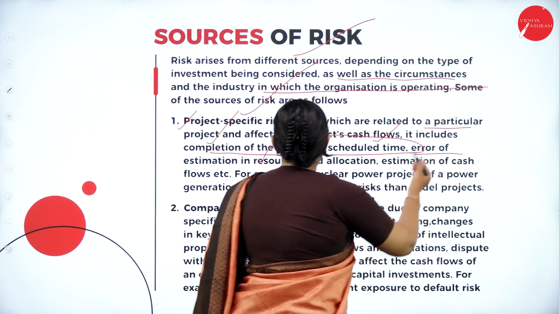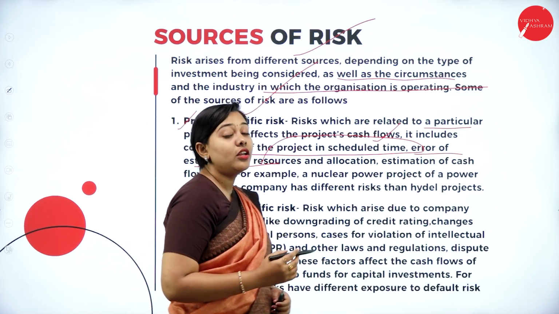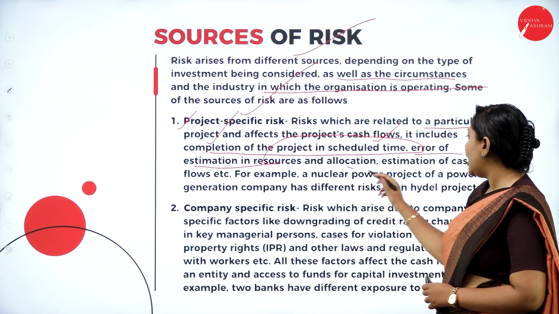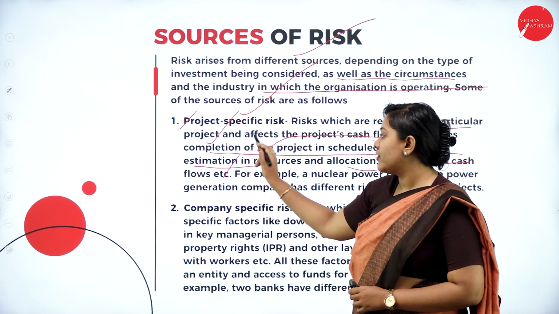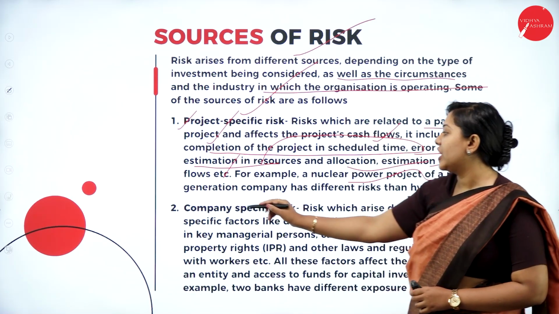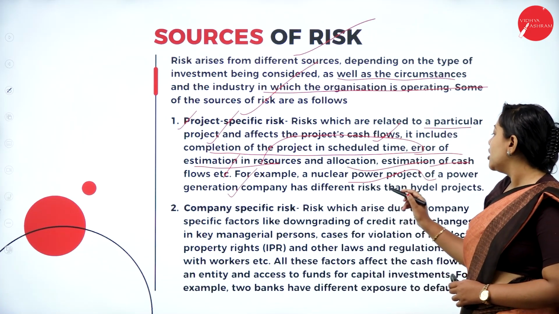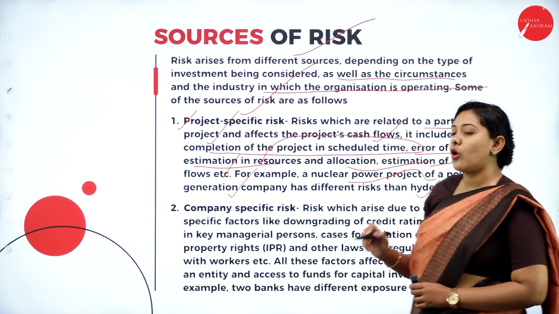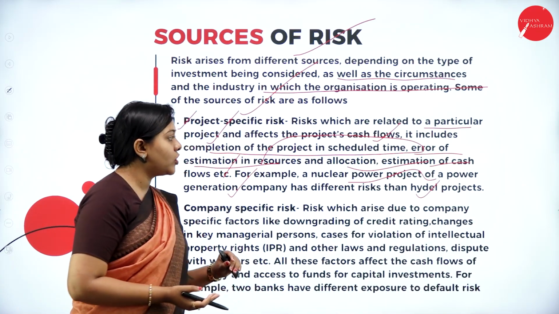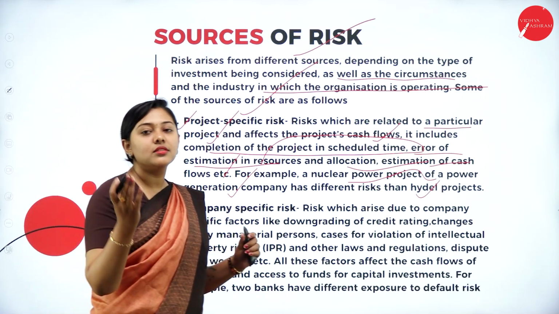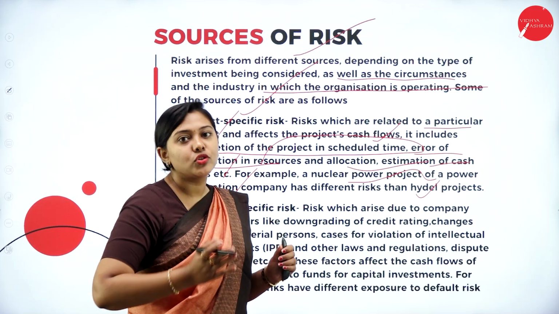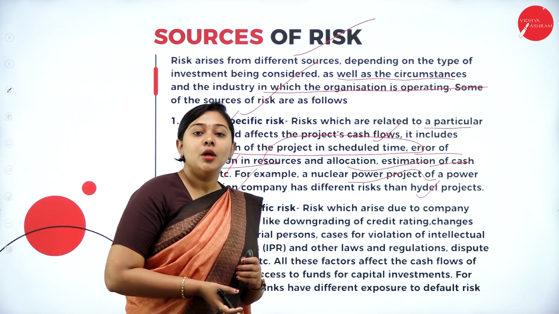There will be errors of estimation in resources, allocation, and estimation of cash flow. For example, a nuclear power project of a generation company has different risks than an ideal project. Depending upon the project, the completion time and resource allocation might vary.